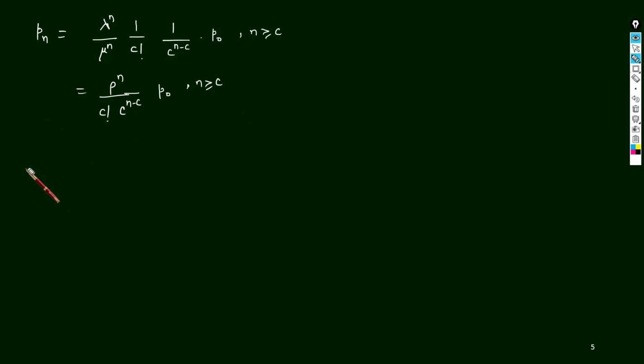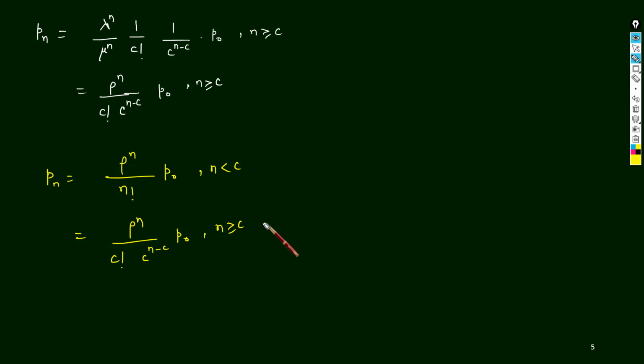So now we can finally write Pn is equal to, what is the formula? When n is less than c, it is rho to the power n by n factorial into p naught, and when n is greater than or equal to c, it is rho to the power n by c factorial into c to the power n minus c p naught. So this we have to remember.